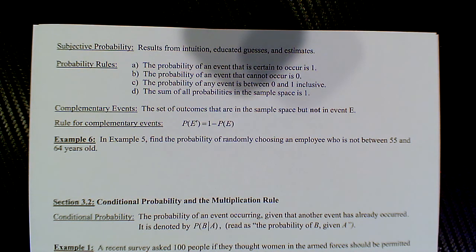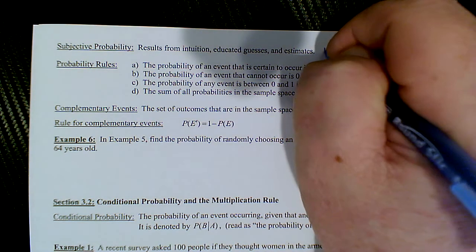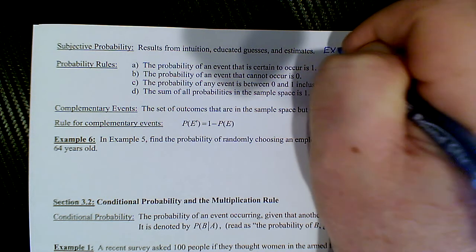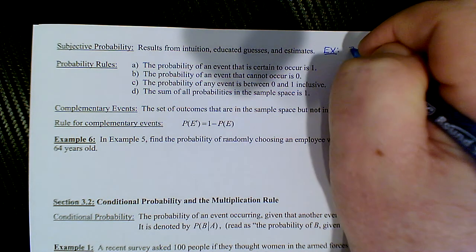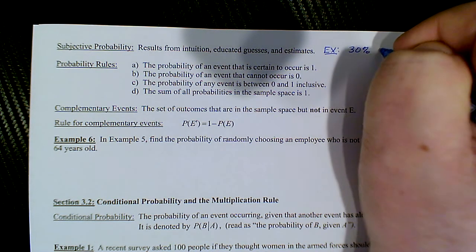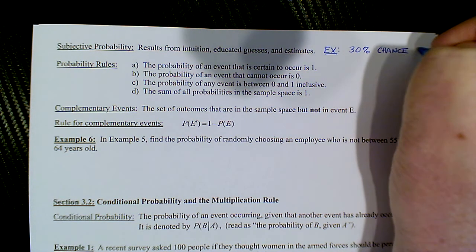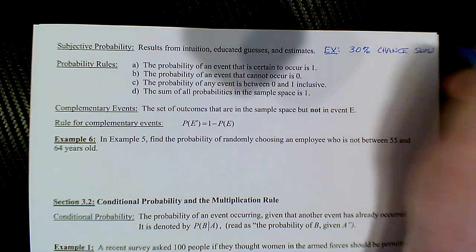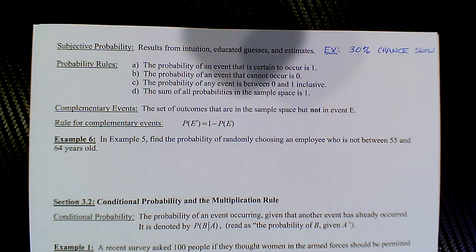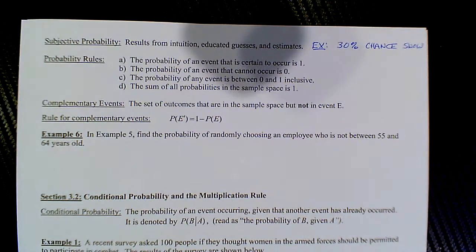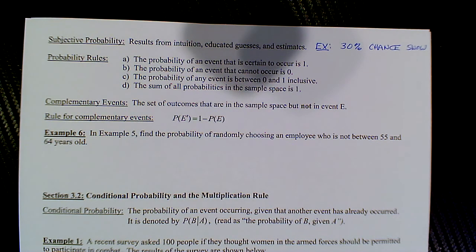An example of that might be a prediction on if it's going to snow today. Like there's a 30% chance of snow. That would be subjective. That would be an educated guess. Your meteorologist would take into consideration the things that might determine that.